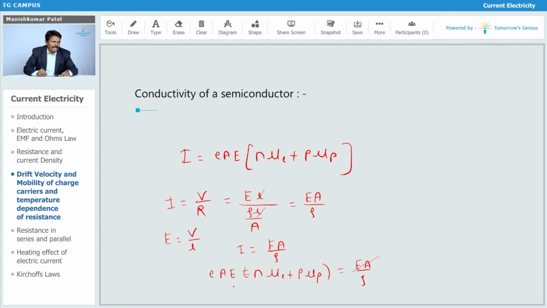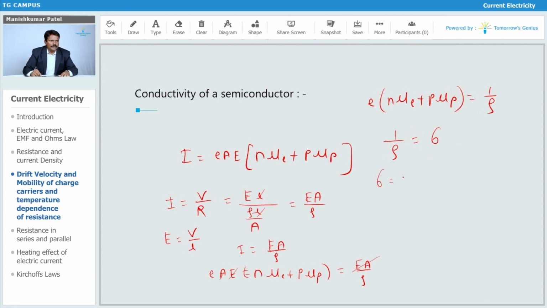Fine. So this E A gets cancelled. So this is what I can write. In the bracket, again further, you can write n mu_e plus p mu_p, which is equal to 1 upon rho. And 1 upon rho, that is the inverse of resistivity, which is nothing but conductivity.